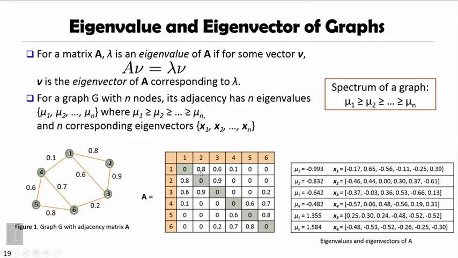We can calculate this matrix's eigenvalues, and you can see this is their eigenvectors, and this is their eigenvalues, mu 1 to mu 6. That's the spectrum of the graph.